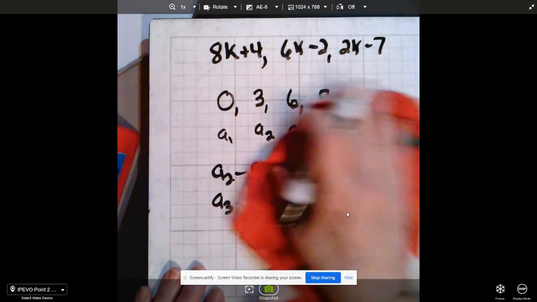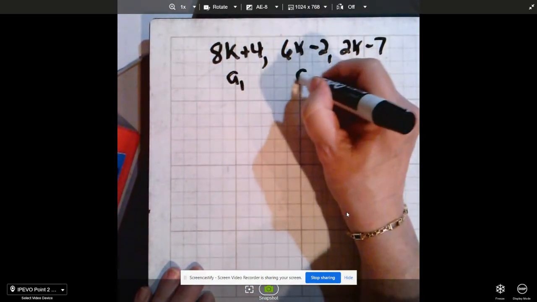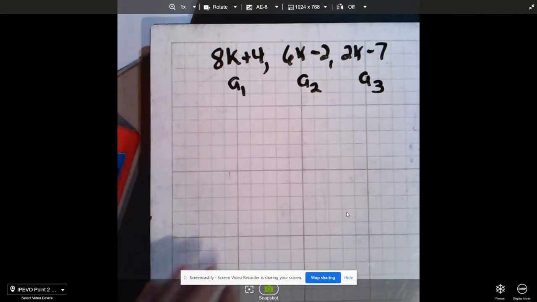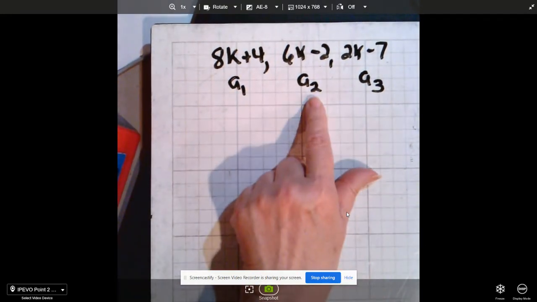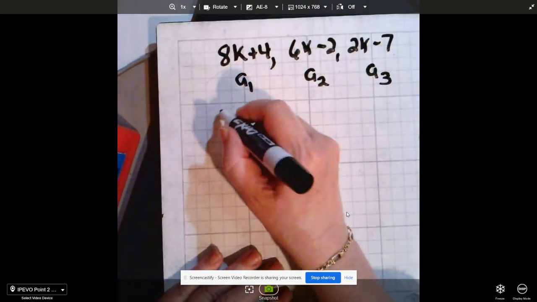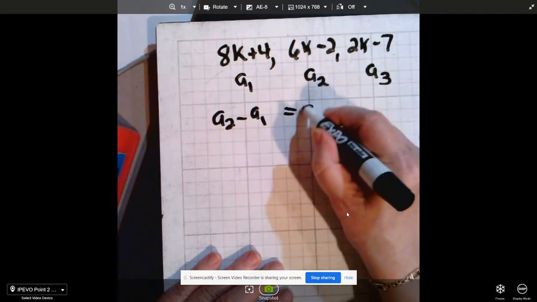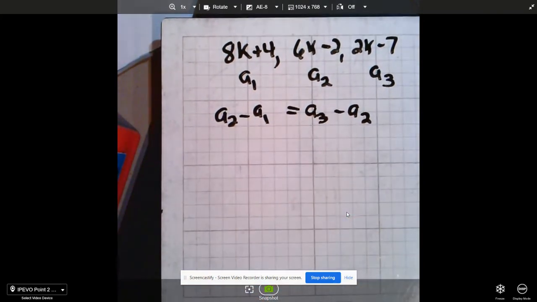So let's go ahead and call this guy A1, this guy A2, and this guy A3. Well, we learned earlier that if I take A2 minus A1, it's going to be the same thing as taking A3 minus A2. So I can say A2 minus A1 is going to equal A3 minus A2. That has to be true.